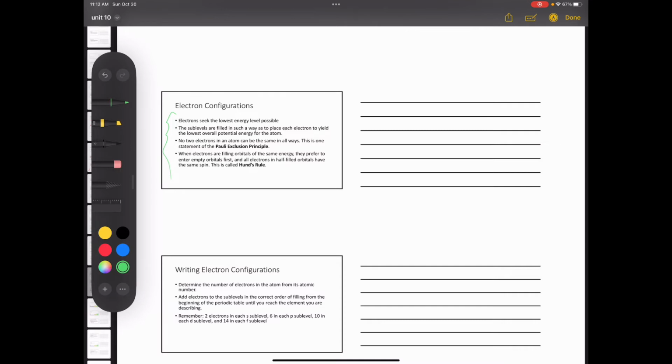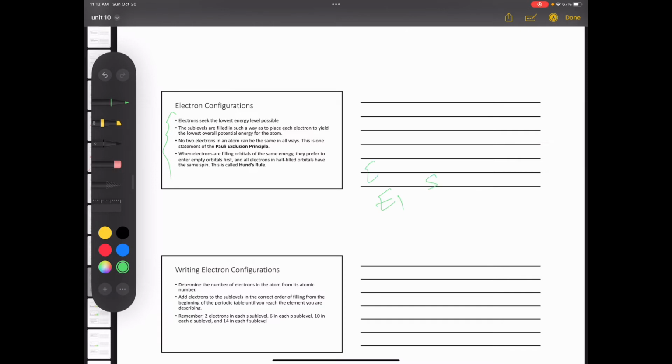With a higher potential energy, it's really not stable, not a preferred energy level. The electron will go to the lowest energy level possible. These sublevels are filled in such a way as to place each electron to yield the lowest overall potential energy for the atom.